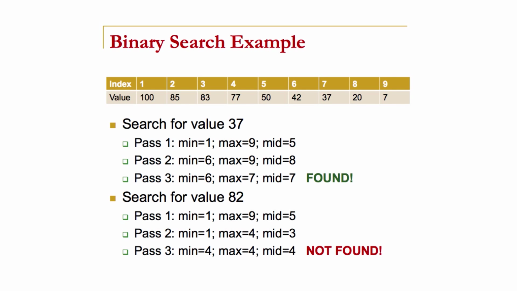And so I update min to be 4, max is 4, and therefore the middle is 4. Now in my algorithm, if I look at 4, I determine 77 is the value, and that's not 82. Eventually my min and max become equal when I don't find the value, and I can declare not found. So this took 3 comparisons, where a linear search would have taken 9 comparisons.